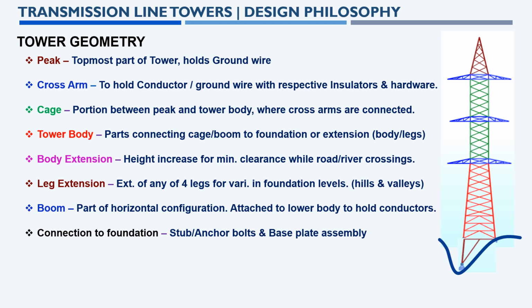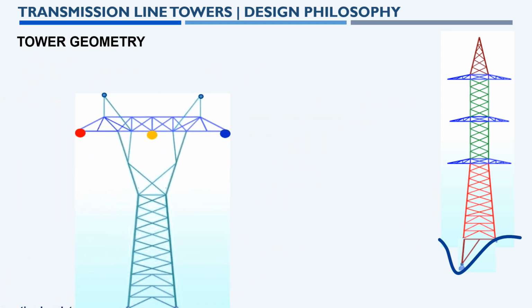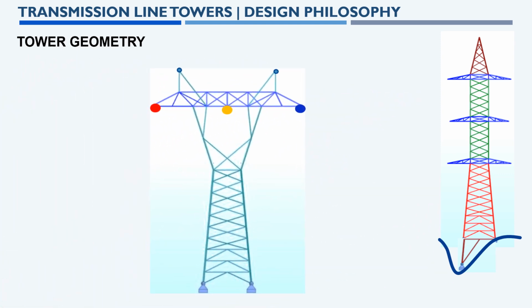Next one is boom. This boom structural frame is mainly applicable for horizontal configuration towers, and it is attached to the lower body to hold conductors. In this picture you can see a boom in blue color, where the three phase conductors are connected in a horizontal way: red, yellow and blue.